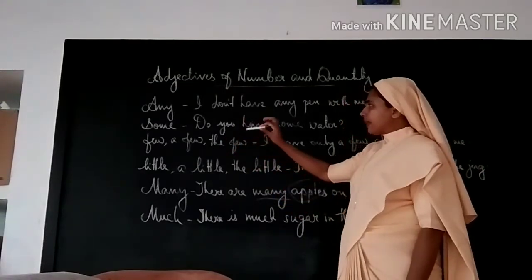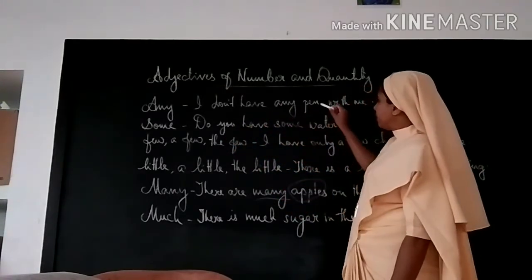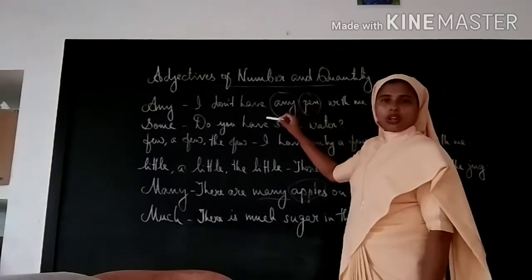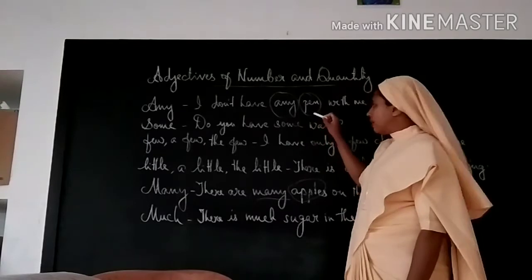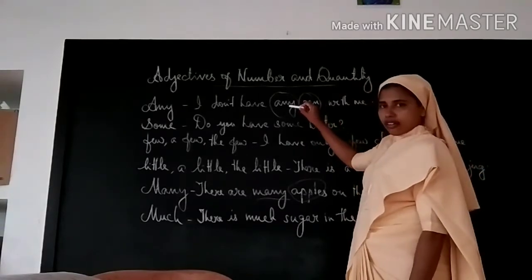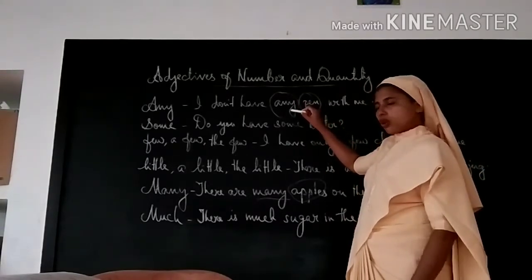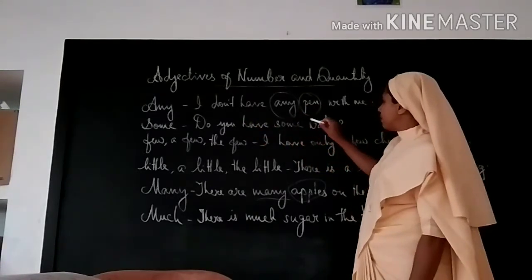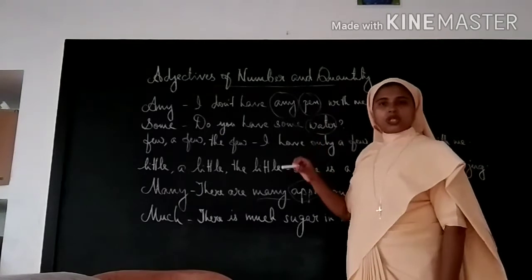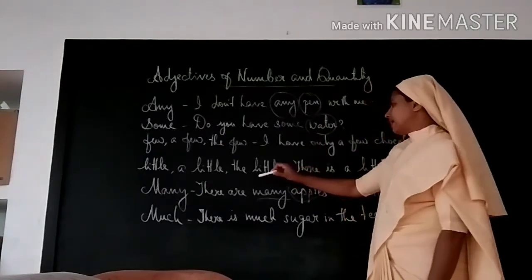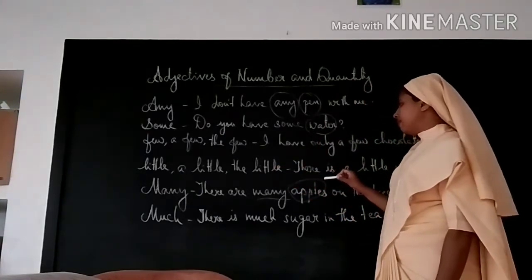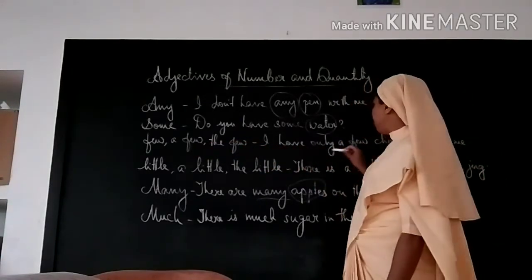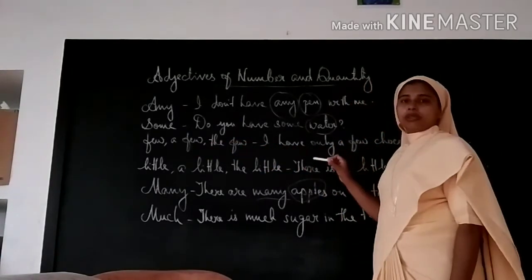Please remember this. Any: pen is a noun and any is used to qualify pen. It will be used with both countable as well as uncountable nouns. Some will be used with uncountable nouns only. Few, a few, the few will be used with countable nouns.